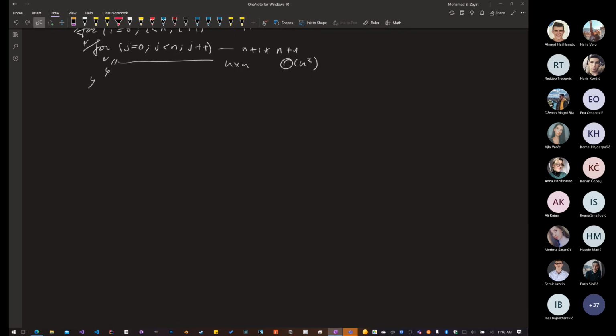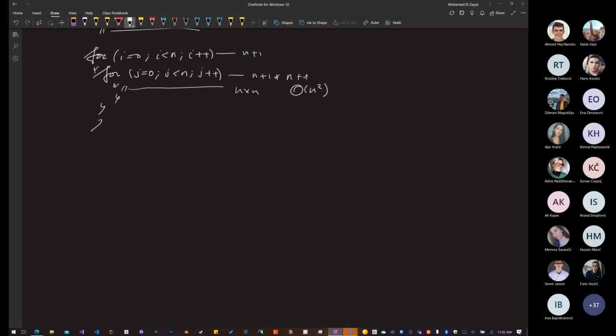Now, something that might confuse you a bit, do not get confused. If I give you i equals 0 and i is less than n and then i plus plus, and then you figure it out one day and say, okay, I'm going to give you j equals n, sorry, and j is larger than 0.